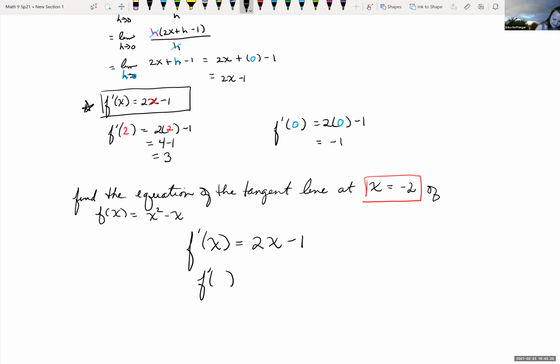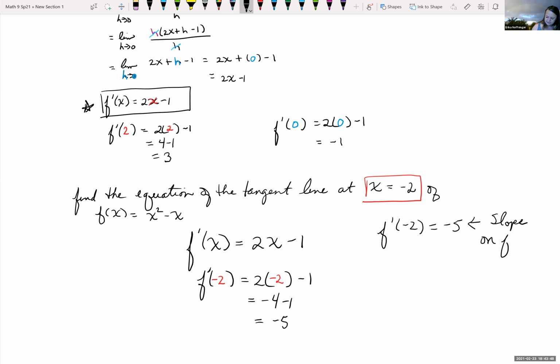So f prime of negative 2 is equal to 2 times negative 2 minus 1. So 2 times negative 2 is negative 4 minus 1. So this is a negative 5. So f prime of negative 2 is negative 5.